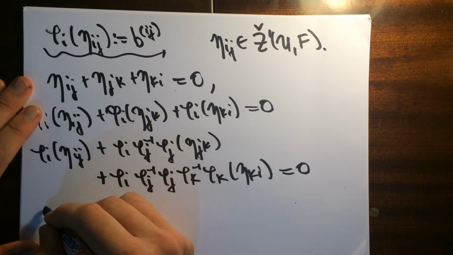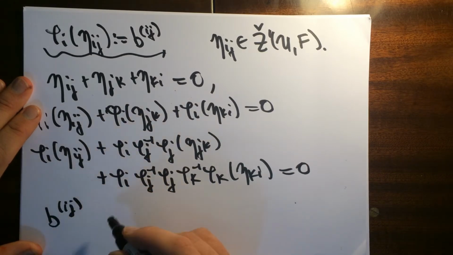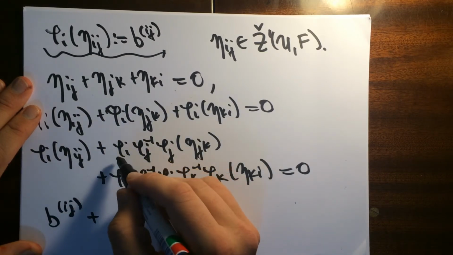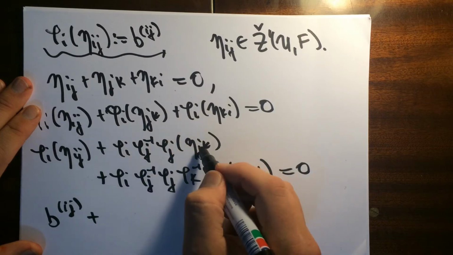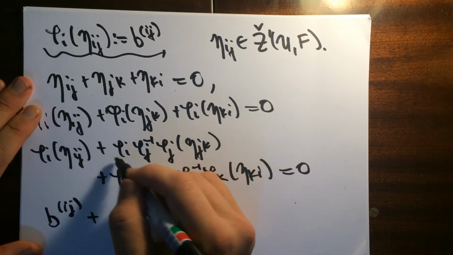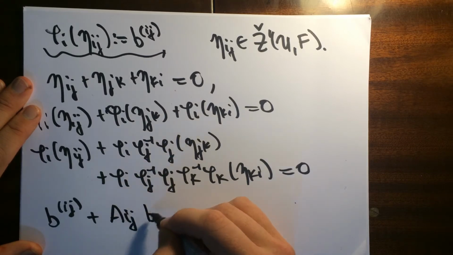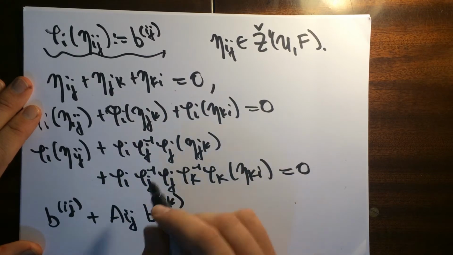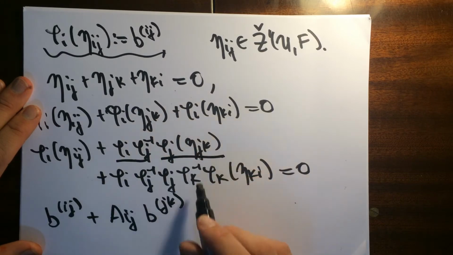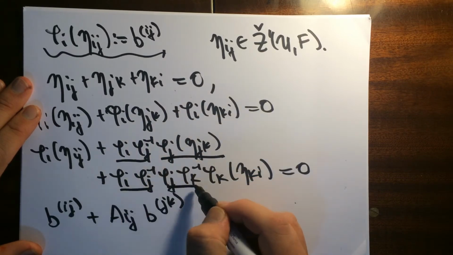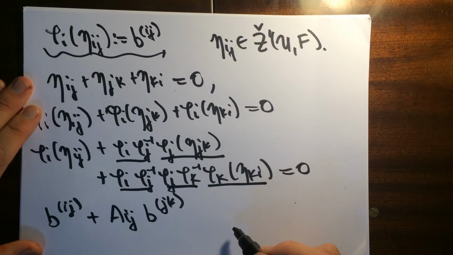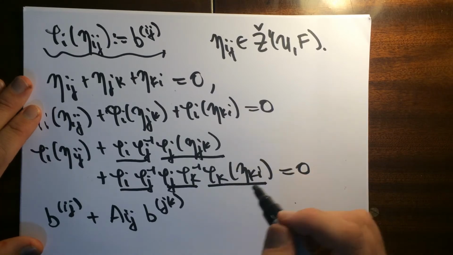Okay, so we'll take this as a definition. This thing here is bij. Now we have this thing, this is bjk, and now we have this transition matrix. So this is aij bjk from here and here. Now we have two matrices, and now we have bki.